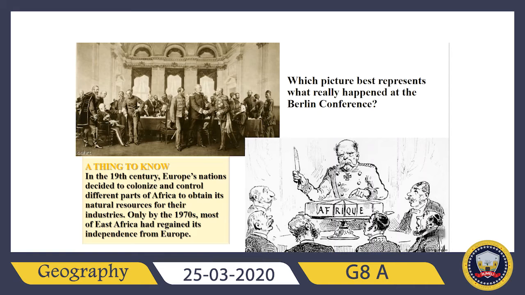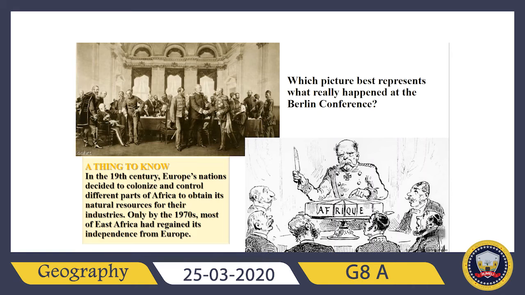Okay, now when you look at these two pictures that I gave you on this page, which picture best represents what really happened at the Berlin Conference? The photograph or the caricature, this cartoon?